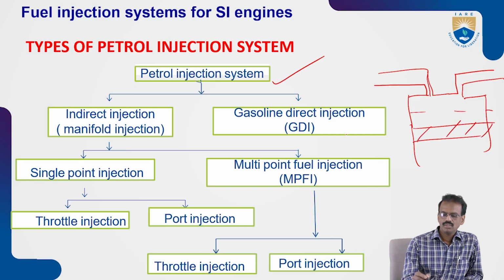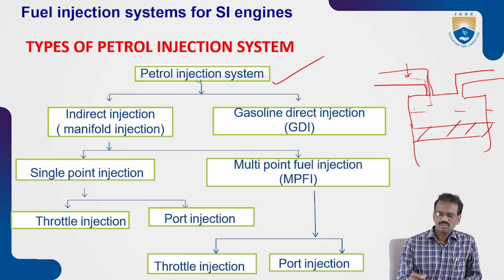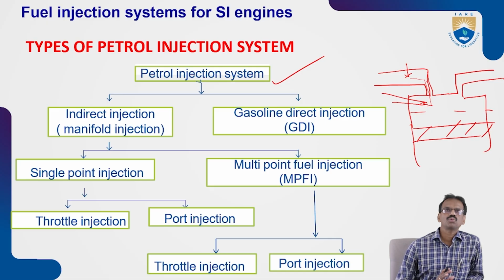So through the inlet manifold, the air-fuel mixture comes into the cylinder. Direct means the air-fuel mixture is directly injected into the cylinder. So there are two methods, or two ways.